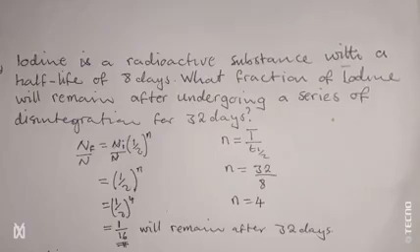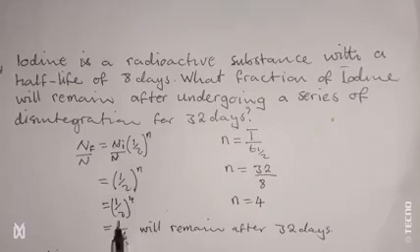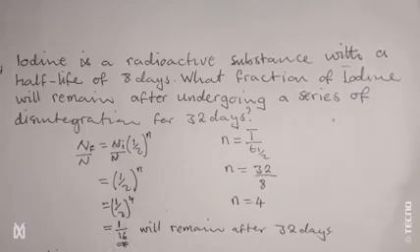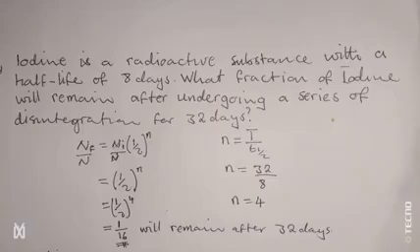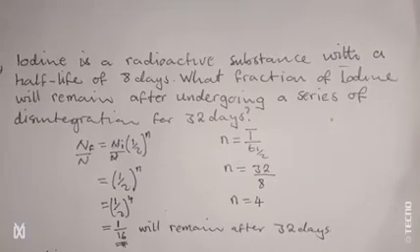If the question was to find what fraction will have decayed after 32 days, we would have subtracted this one from 1. So we would have 15 over 16 that would have decayed. What will remain is just 1 over 16. Thank you.